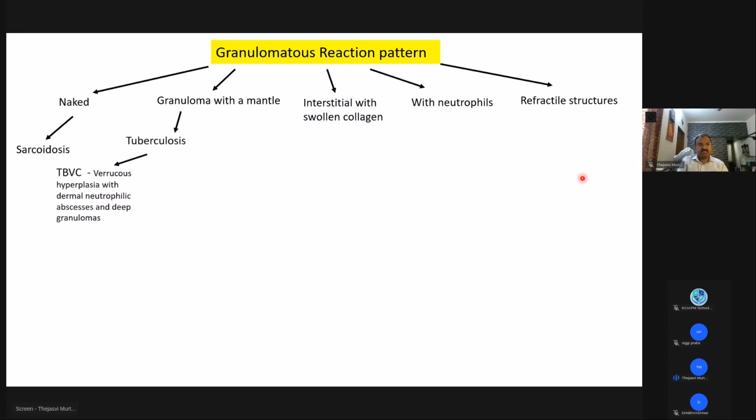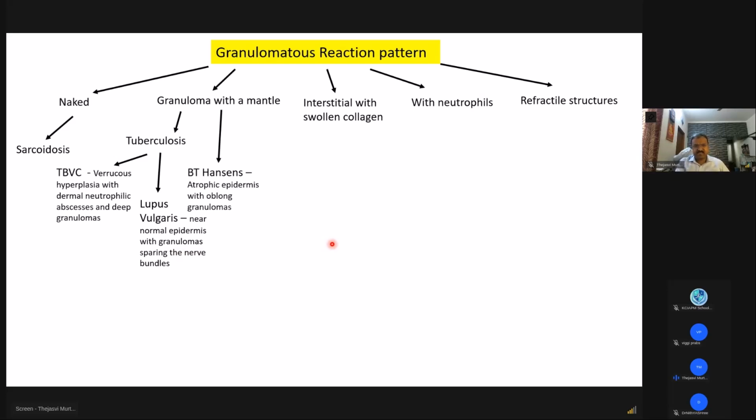In TBVC, we have verrucous hyperplasia with dermal neutrophilic infiltrate and deep-seated granulomas. Lupus vulgaris: near normal epidermis or sometimes epidermal hyperplasia with granulomas sparing the nerve bundles. This is important here, sparing the nerve bundles. Granuloma with a mantle also includes BT Hansen's: atrophic epidermis with oblong granulomas. Remember, unlike tuberculosis, in Hansen's the granulomas are oblong or ovoid shaped around the erector pili muscle, around the follicles, around the nerve bundles like this.